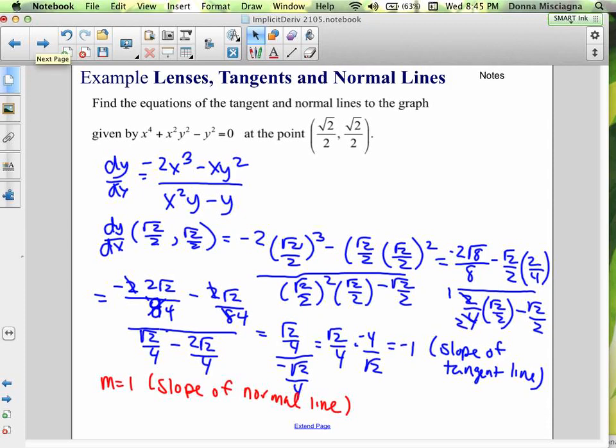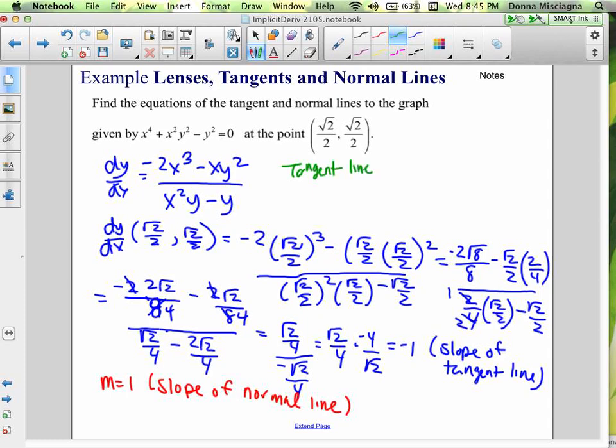And then we want the equations of the tangent and normal lines. So the tangent line is going to be y minus square root of 2 over 2 equals negative x minus the square root of 2 over 2, or y equals negative x minus the square root of 2 over 2 plus the square root of 2 over 2.